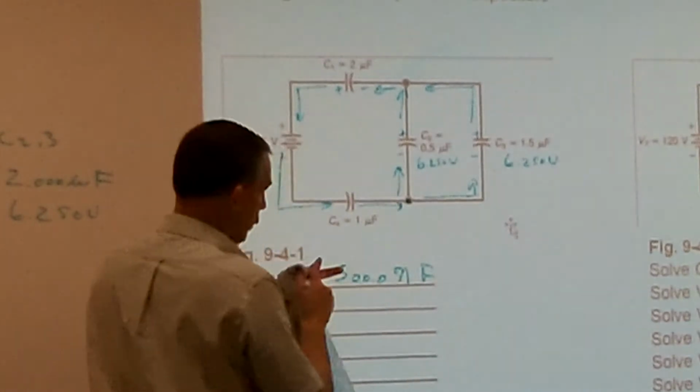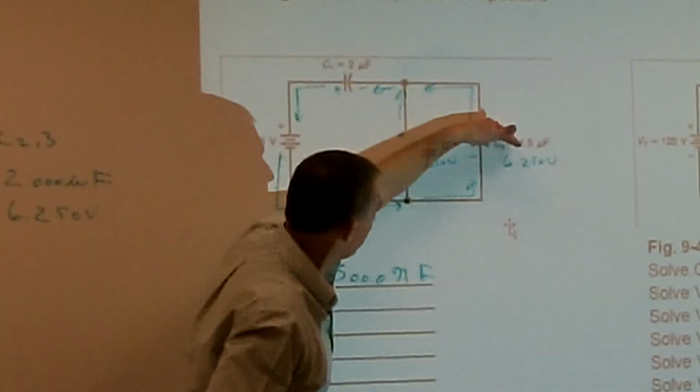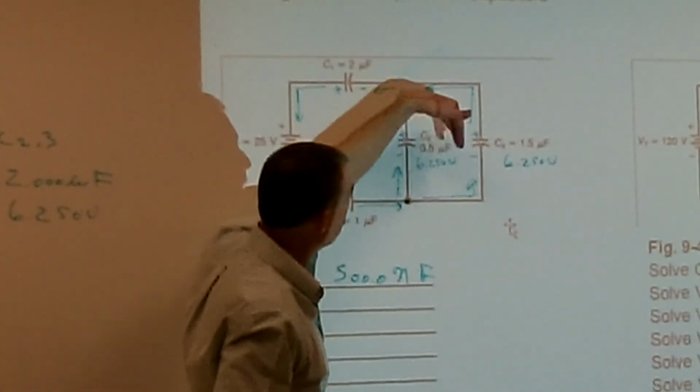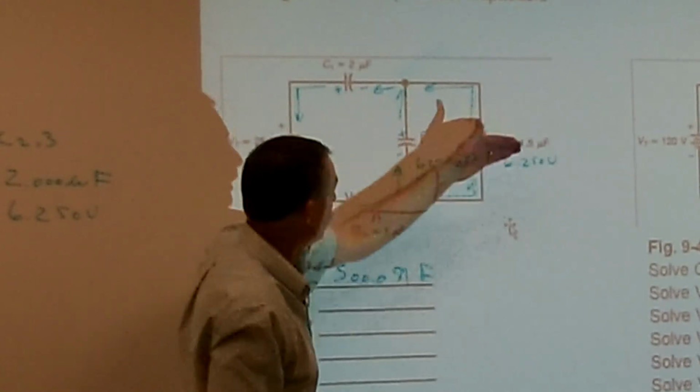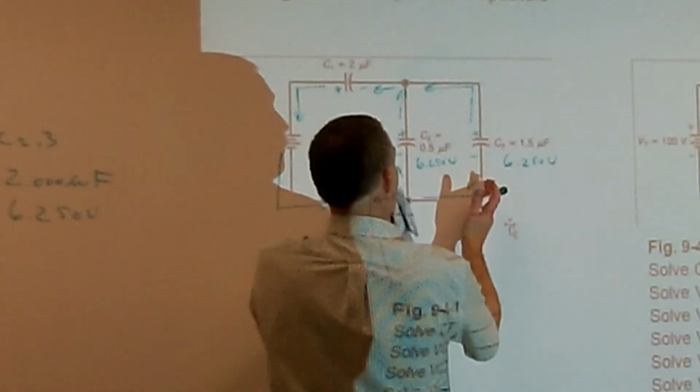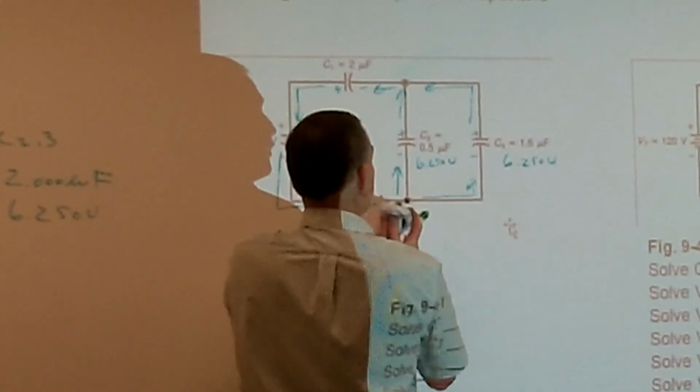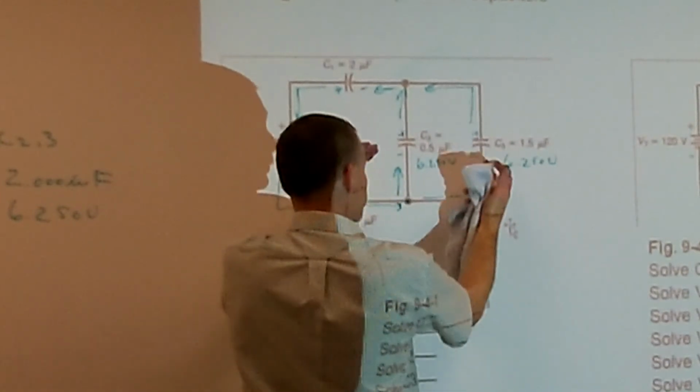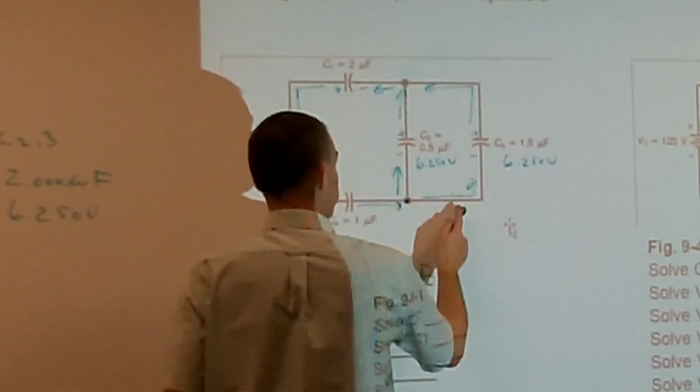Even though I have two separate size caps in there, my capacitors are still going to charge up. They're both going to charge up to the same amount of voltage because of the parallel circuit.